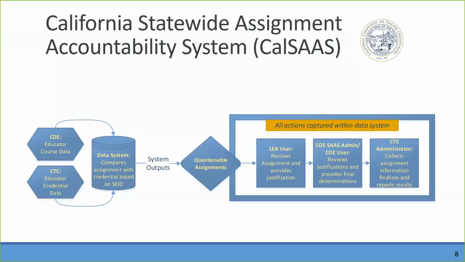It's not until the county makes that decision that we know whether something is a misassignment or is actually authorized by some other legal authorization. That information then gets submitted to the Commission on Teacher Credentialing administrator, and the Commission collects the assignment information and finalizes the reports and results. So that's what's captured within the data system.